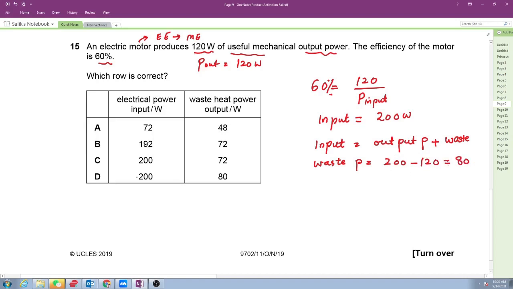So the input is 200 and the waste heat power output is 80. Our correct answer is D.